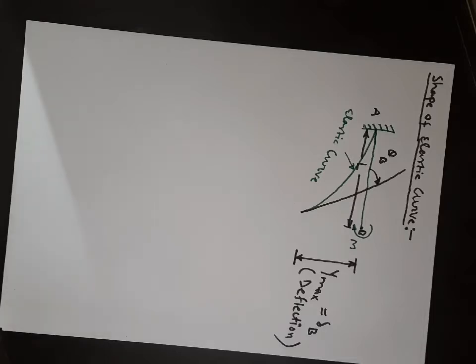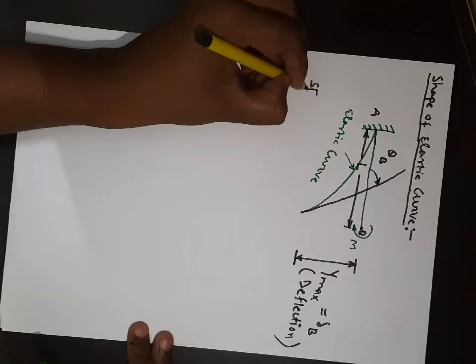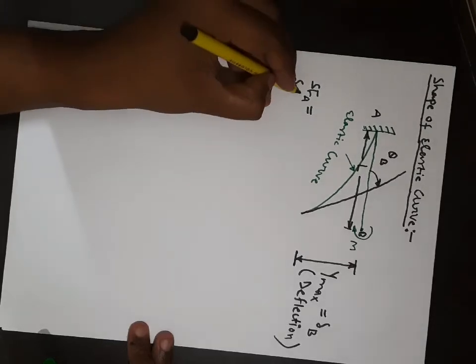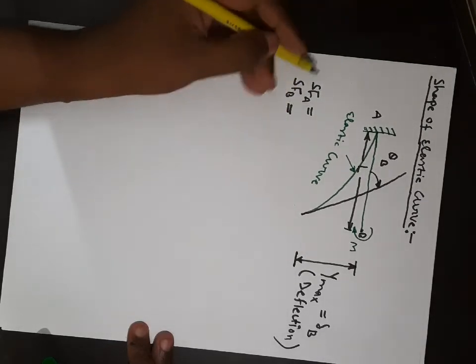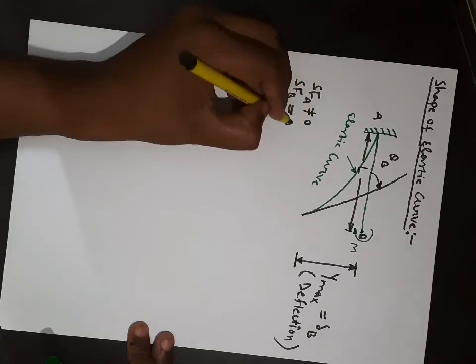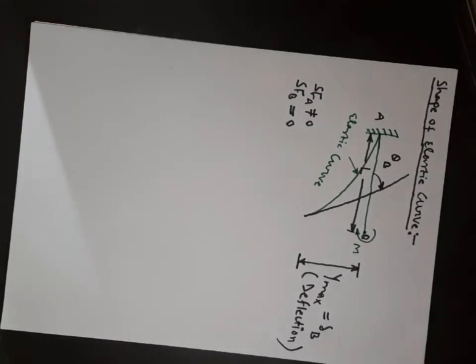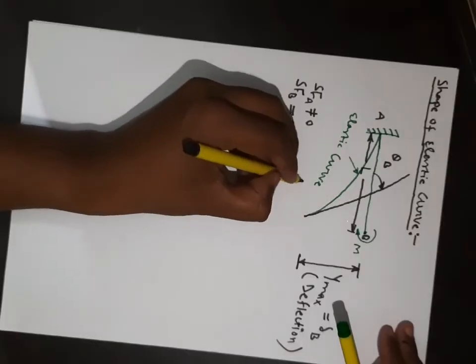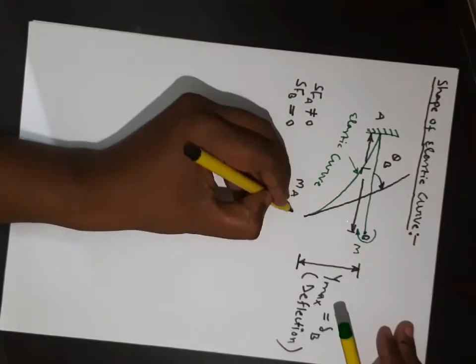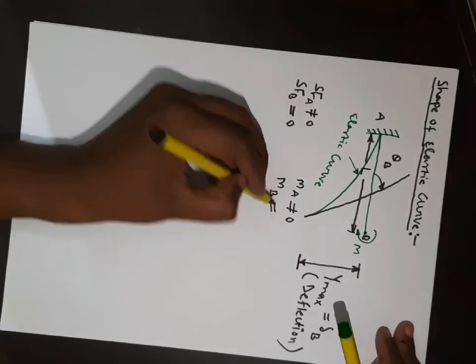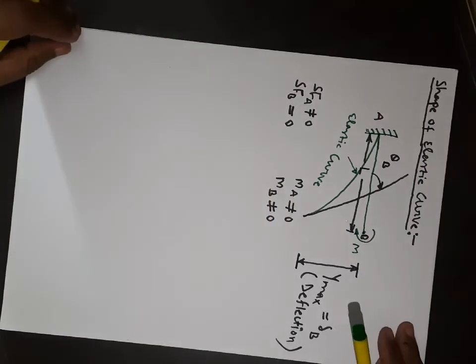So we all know about shear force and bending moment. In case of a cantilever beam, always remember the shear force and bending moment at the fixed support are always not equal to 0. They must have some magnitude at the fixed support. Bending moment at point A is non-zero, and bending moment at point B is again non-zero.